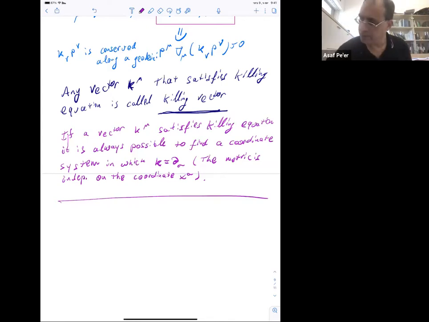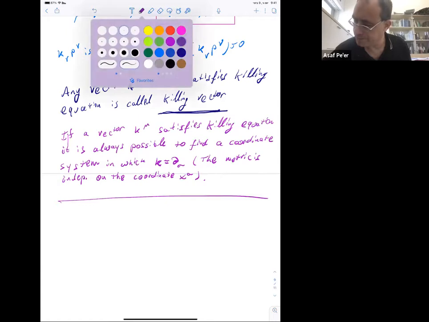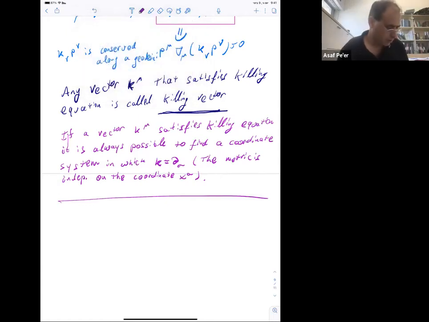Okay, so what I'm going to do now, any questions? Okay, if you don't have any questions, I'm going to give you another derivation of the Killing equation. This derivation I took from the book by Carroll, and I have another derivation from the book by Weinberg, which does it in a slightly different way.